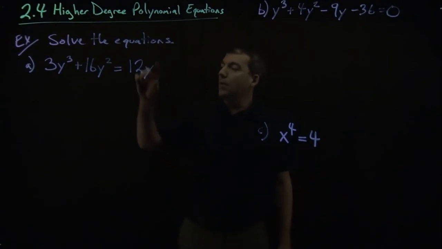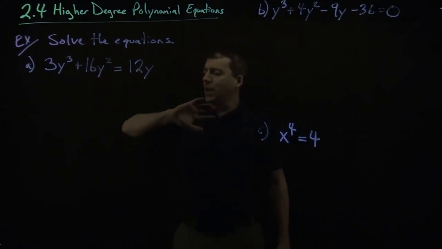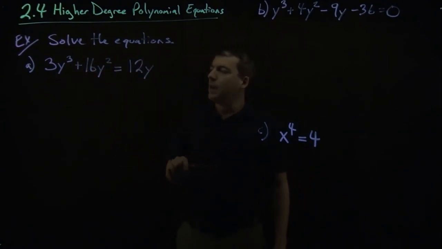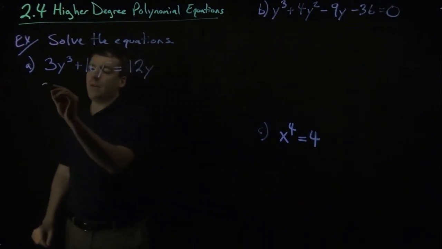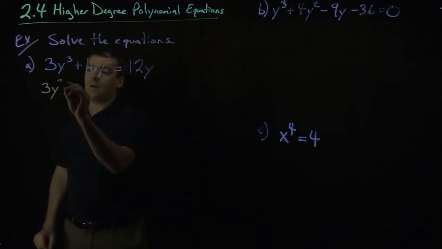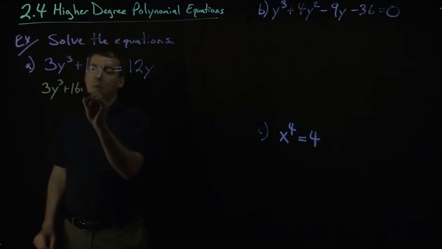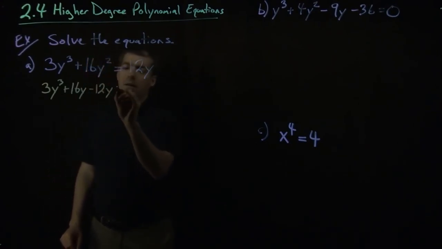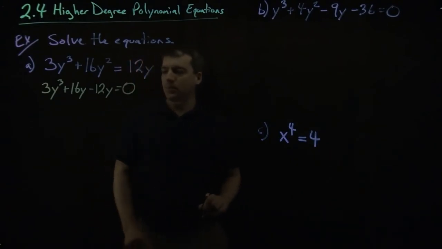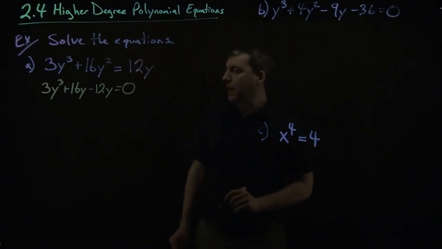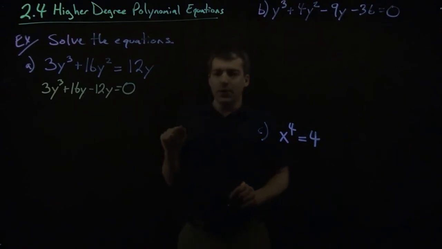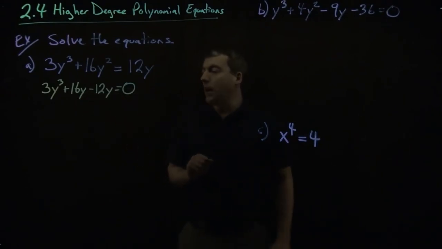The first thing we'd like to do is get everything on one side equal to 0. So we have 3y cubed plus 16y, and then we subtract the 12y, so minus 12y equals 0. Now this is not a quadratic, so we can't use the quadratic formula on it.